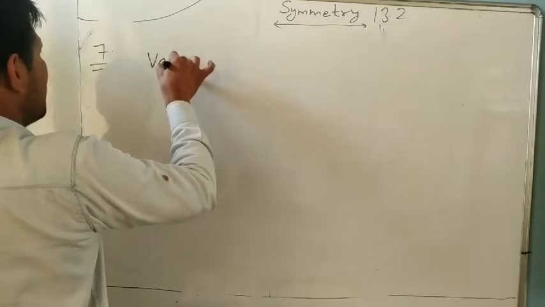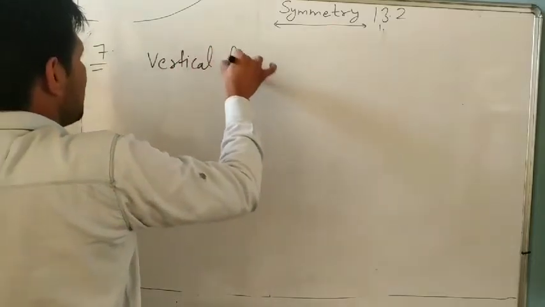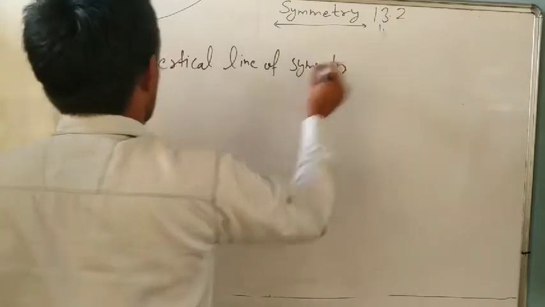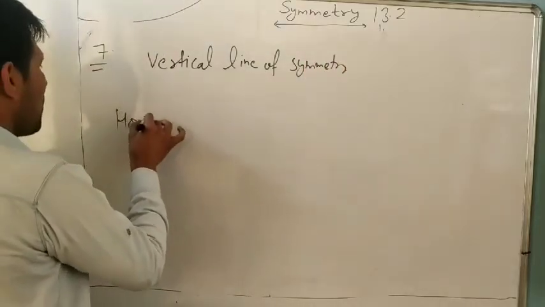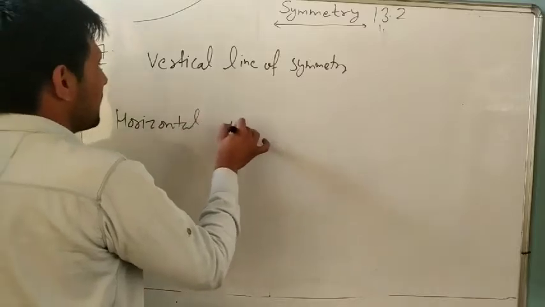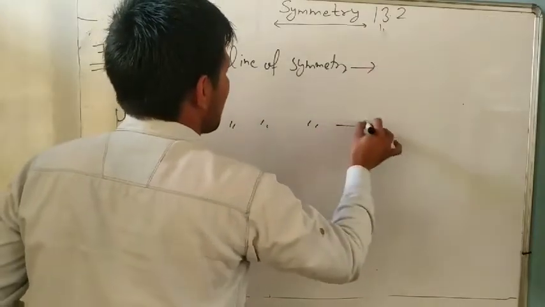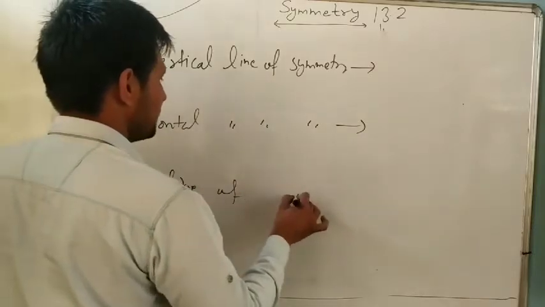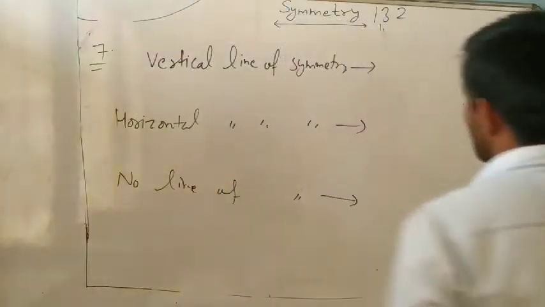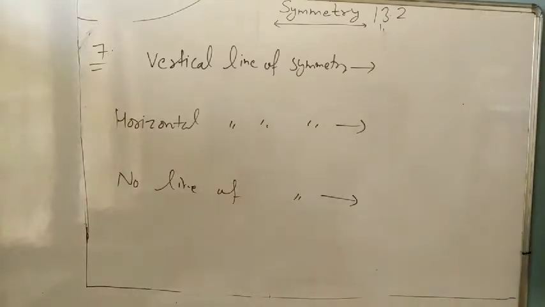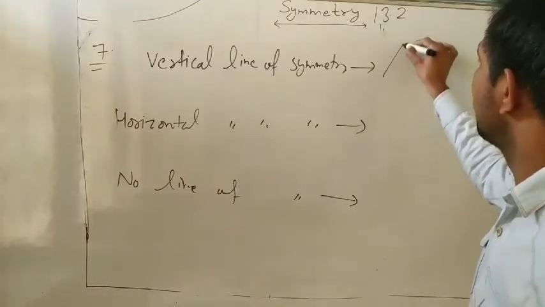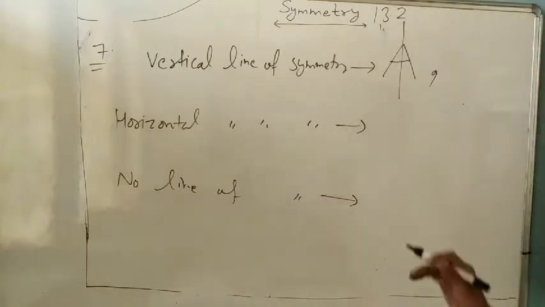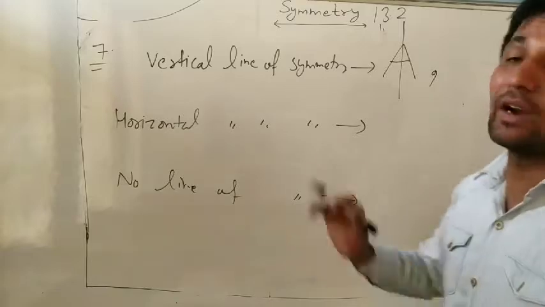So we will write vertical line of symmetry in one column, horizontal line of symmetry in another, and next is no line of symmetry. So tell me, first we will check in A, vertical or not. Yes. A has a vertical line of symmetry.